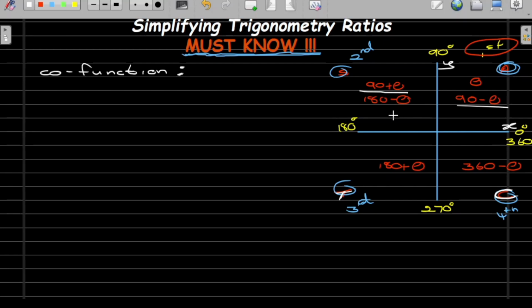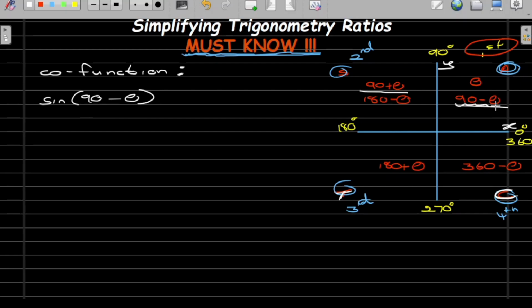Okay, so let's go back to co-functions and how they work. Whenever you see yourself with sine 90 minus theta, you should know that this 90 minus theta is in the first quadrant.